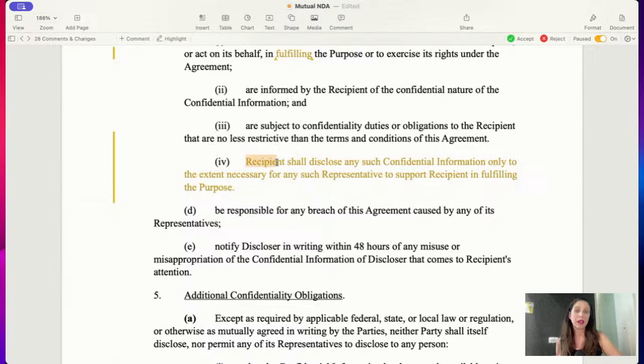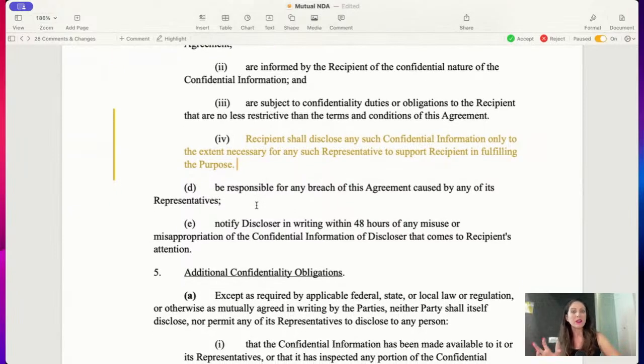So recipient, the company who's receiving the information, shall disclose any such confidential information as defined in this agreement only to the extent necessary for its representatives to support it, recipient, in fulfilling the purpose, which was the use case that I have approved here. So that's what that is doing. That is why those words are capitalized and the way that that is formatted as a sentence, because normally in just plain colloquial English, that would be a weird sentence.